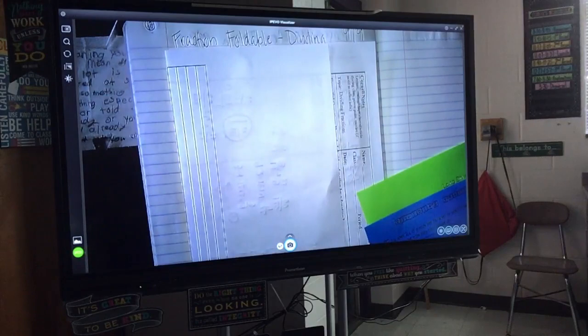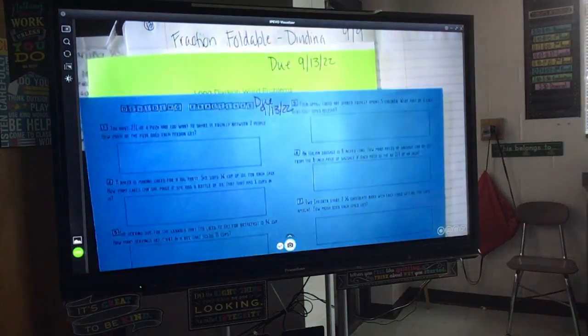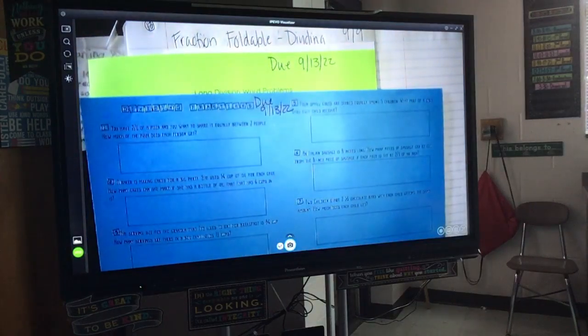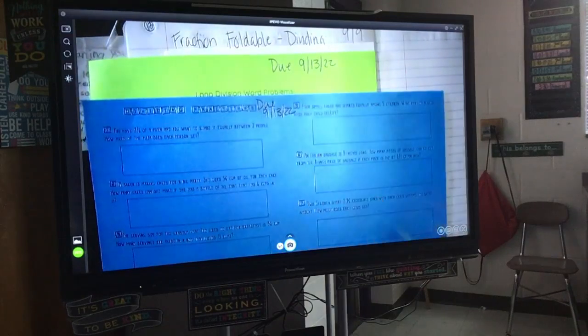Yes, but these say due date, baby. Sorry, you can't see that. So the due date is 9/13. Yes, both of them are due on Tuesday.